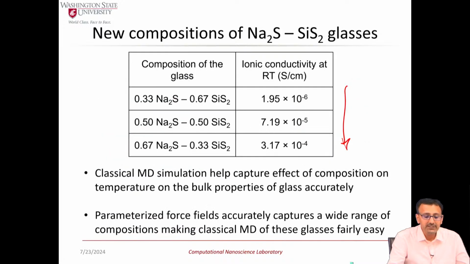At this point we did not have any experimental data, but luckily we were able to have these glasses made and characterized, and that captured a similar trend from the experiments, which was pretty satisfying. We captured at least the right trend in the ionic conductivity with these compositions, and it is pretty important to be able to increase the ionic conductivity for solid state electrolytes.